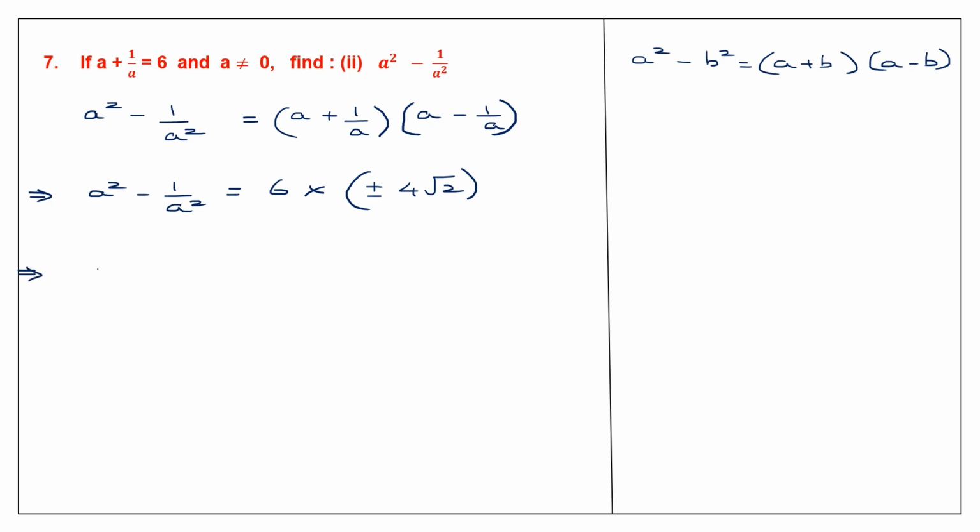So when we multiply, we can multiply 6 into 4. 6 into 4 makes it 24, and the rest is root 2. So remember to put plus or minus 24 root 2. So we have found the answer. A square minus 1 by a square is equal to plus or minus 24 root 2.